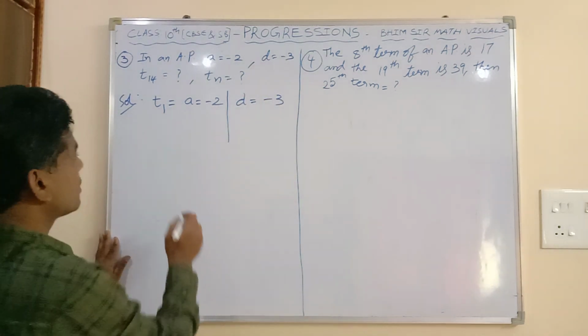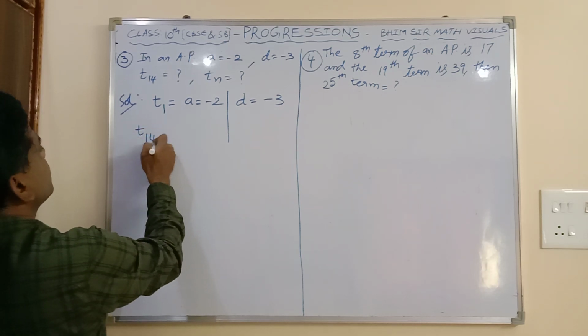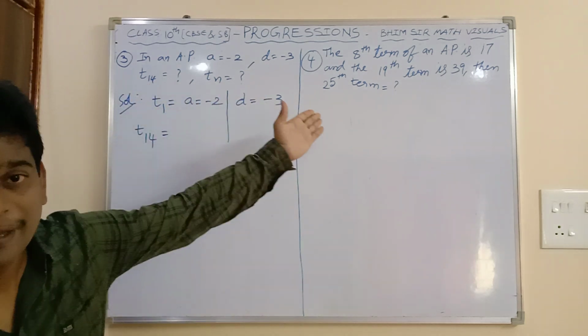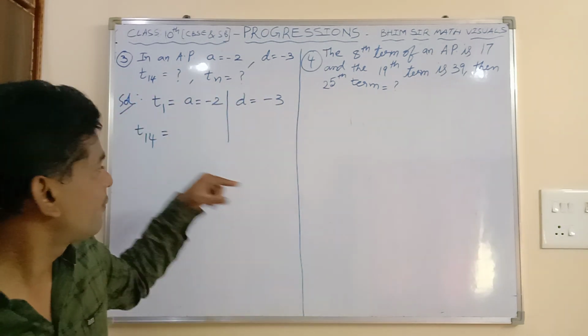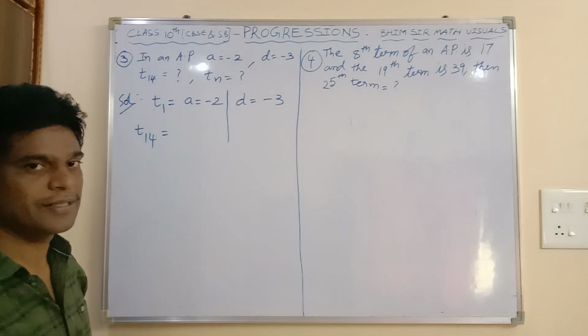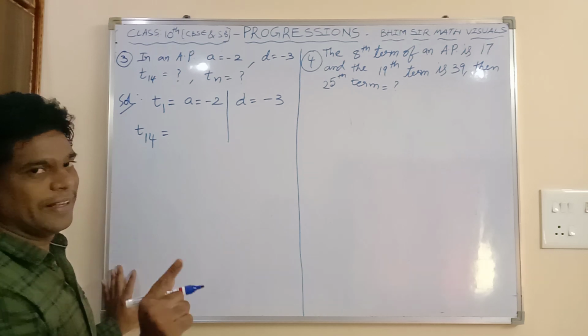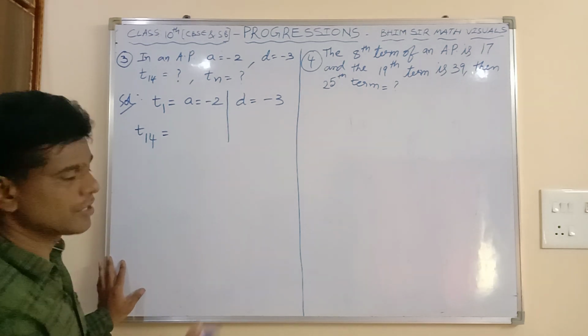Then T14 is asked. We know that T14 is the 14th term. In this arithmetic progression, many terms are there, and from that the 14th term is asked. So we know that T14 in an arithmetic progression is A plus 13D, right?